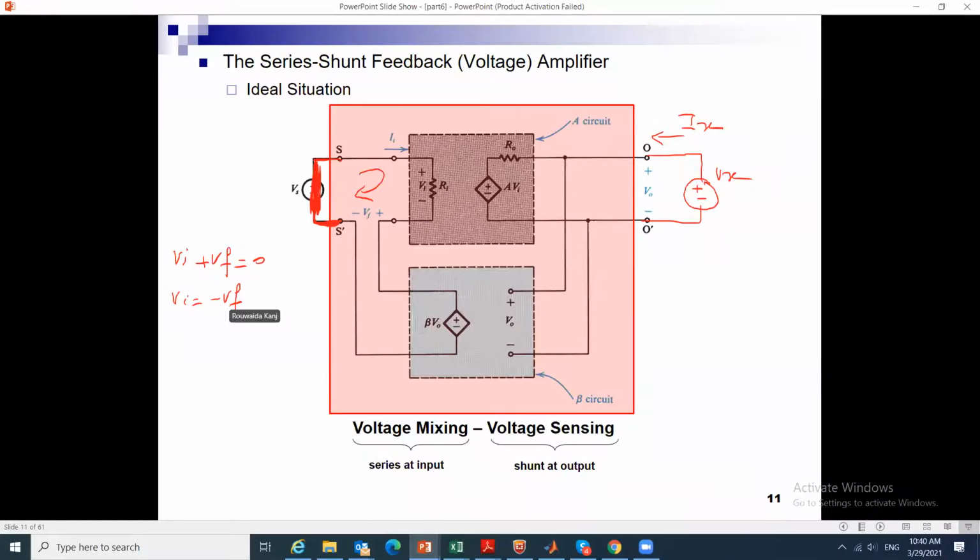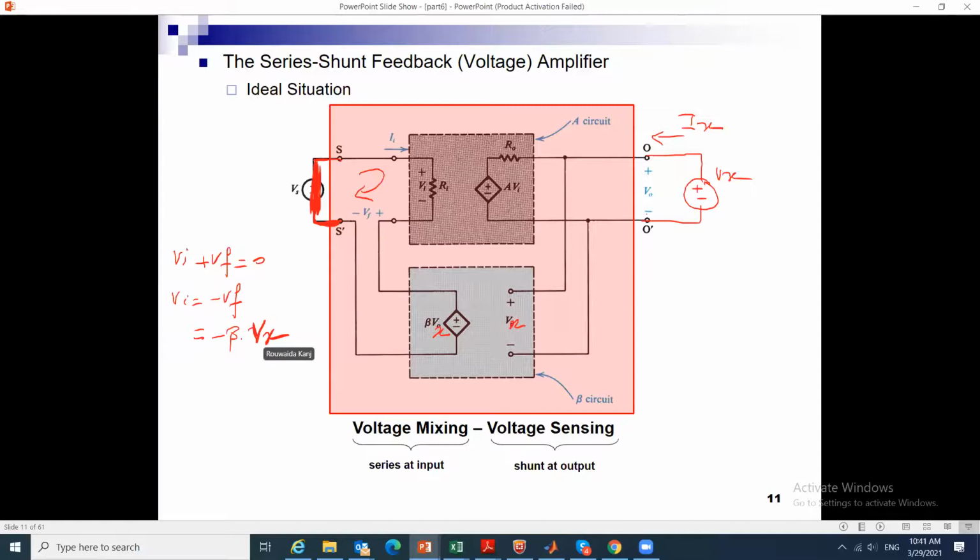But what is Vf in terms of the output? Here I have Vx, and this is beta times Vx, right? So therefore Vn is equal to minus beta times Vx.